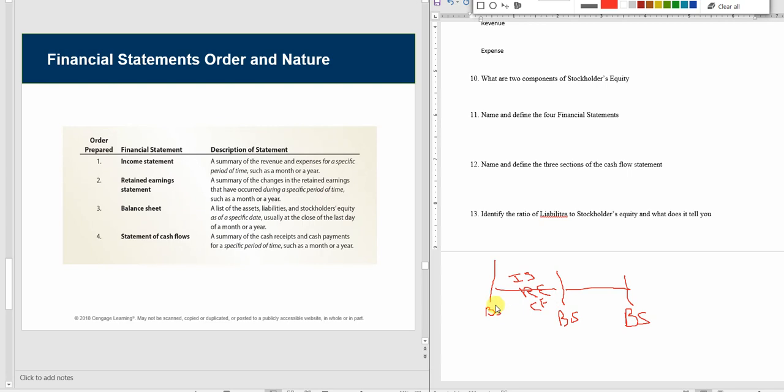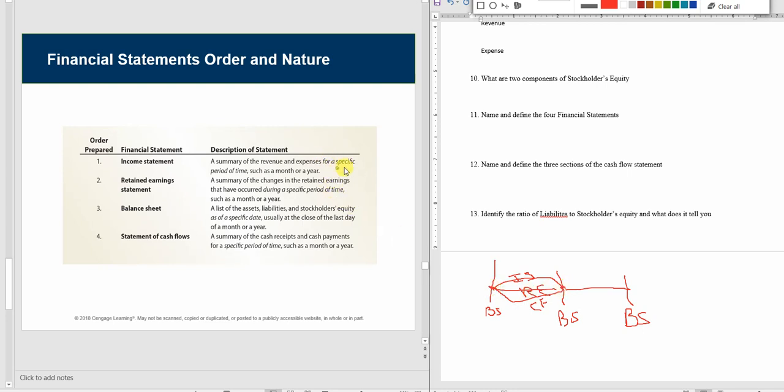So my question is, how did I get from just having $10,000 in cash to having all this stuff? And the answer is I look at my income statement. Your income statement, retained earnings statement, and cash flow cover a period of time to show how you got from this balance sheet to this balance sheet.